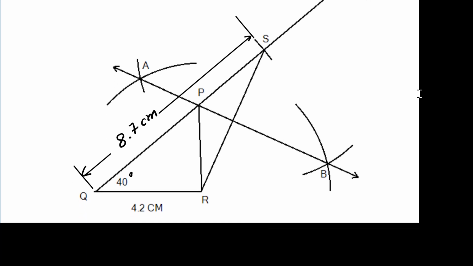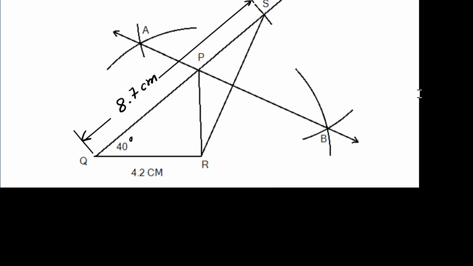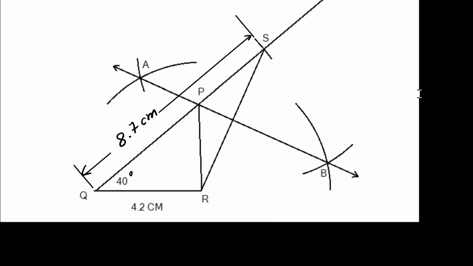Now write the final answer, 8.5 centimeters. Final answer: triangle PQR is the required triangle.